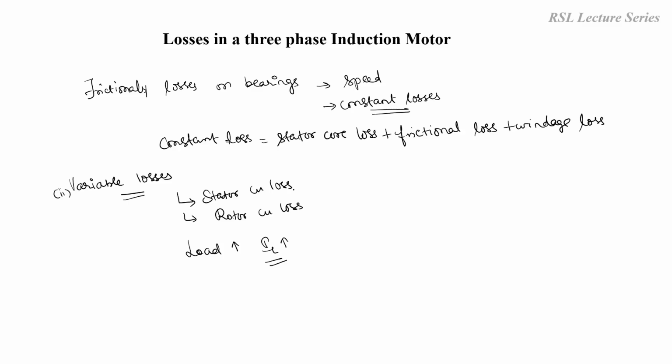As a result, the current flowing through both the stator as well as the rotor increases, and the copper loss also varies. The rotor copper loss in general is given by 3 I2R² R2, where I2R is the rotor current under running condition and R2 is the rotor resistance. So the variable losses comprise stator copper loss and rotor copper loss.